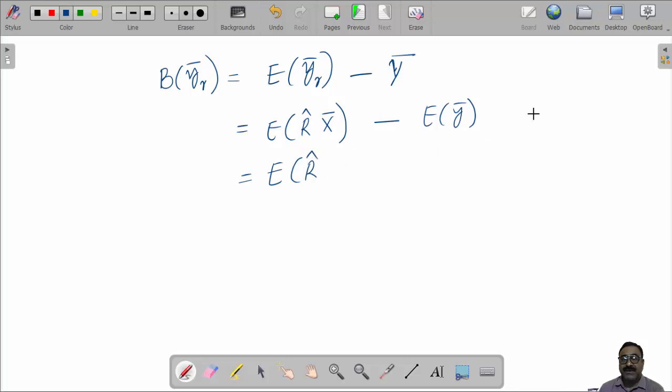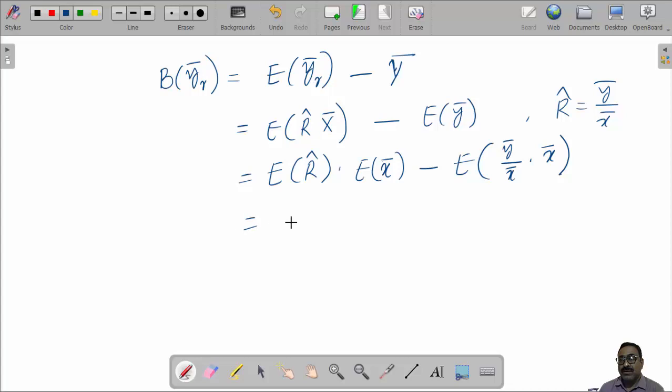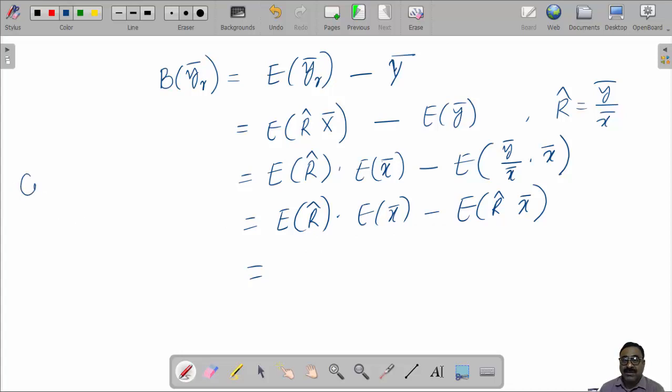Because R cap equals y bar by x bar, this is the expectation of R cap X bar minus the expectation of Y bar by X bar into X bar, which equals the expectation of R cap X bar minus the expectation of R cap into the expectation of x bar. We know that the covariance of x y is equal to the expectation of x y minus the expectation of x into the expectation of y.